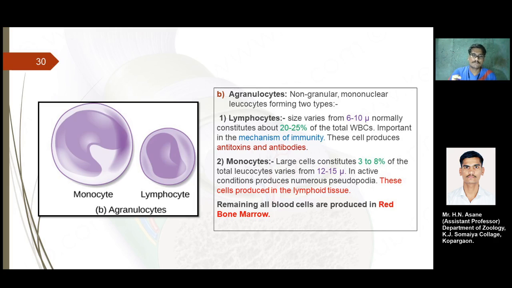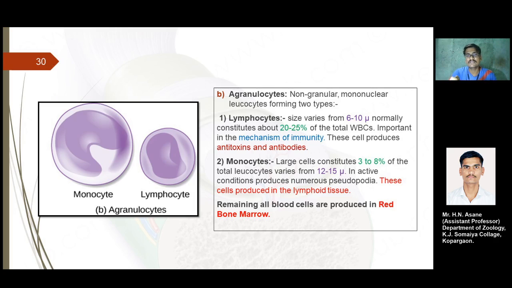And these cells play a very important role in immunity. These cells produce antitoxins and antibodies, a specific type of antibody for a specific type of pathogen.